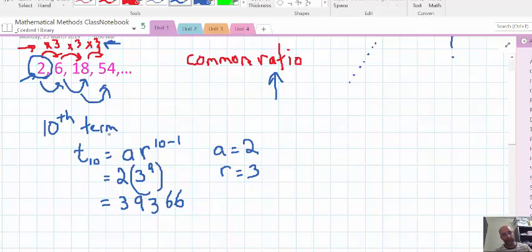So you can now see that that would be a far greater increase across 10 terms than an arithmetic progression with a common difference of 3. You'd have nothing like that sort of magnitude of number. So that's the difference between something exponential in nature over a certain domain compared to something linear in nature over a certain domain or interval.